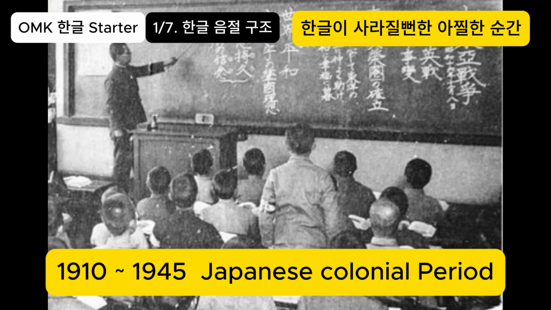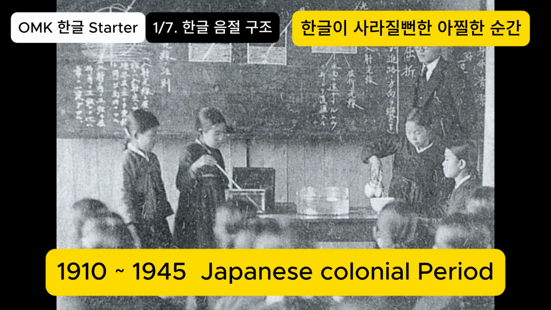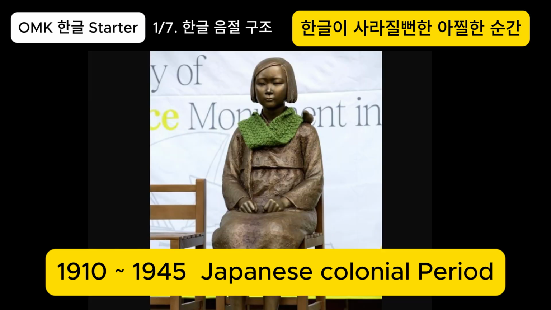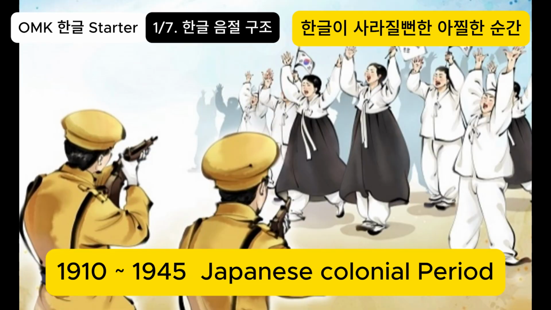The Japanese government tried to eliminate the Korean language, even banning Korean in schools and forcing students to learn Japanese instead. For example, my grandmother had never been to Japan, but she could speak Japanese because she had been forced to learn it. It's a painful part of our history.